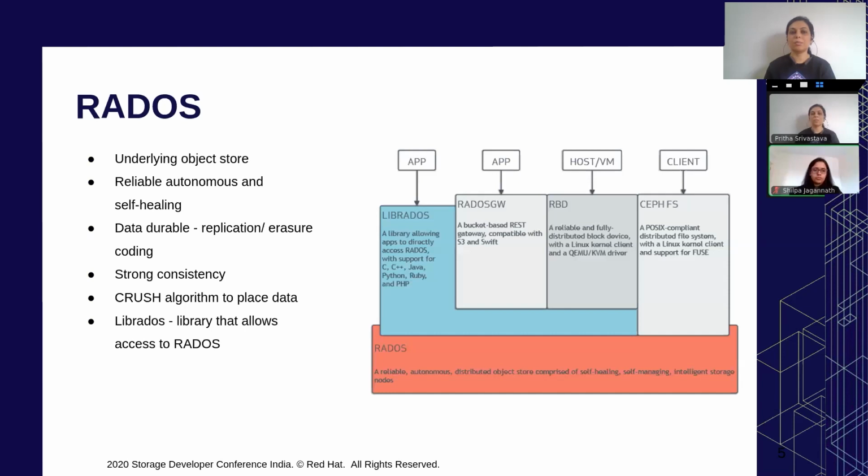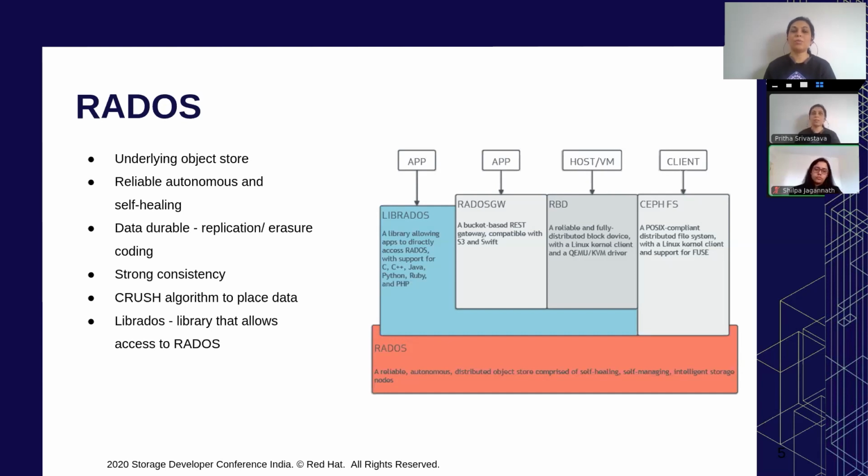RADOS is the building block of Ceph. It stands for Reliable Autonomous Distributed Object Store. It is responsible for providing reliability by replication and erasure coding, and it also manages migration, replication, and all the other major functionalities which are responsible for maintaining the cluster in a healthy state.